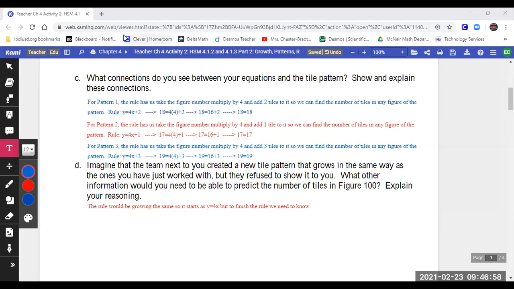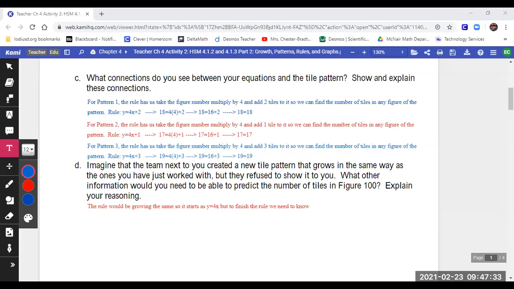The number of tiles for what? Of course, it's to finish the rule, but what piece was changing in patterns 1, 2, and 3?